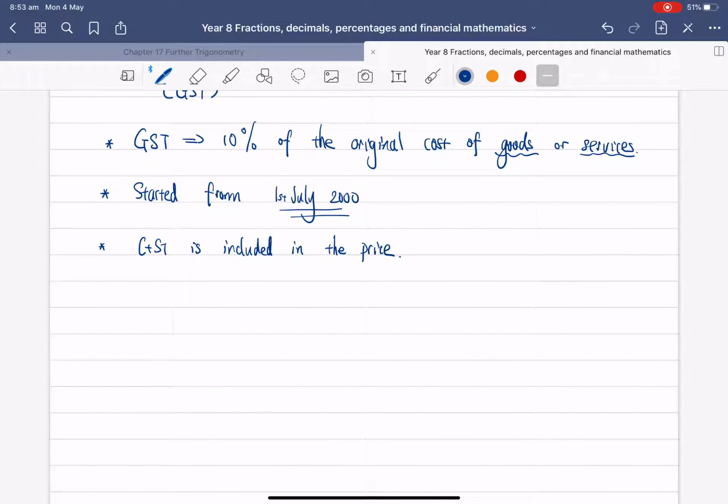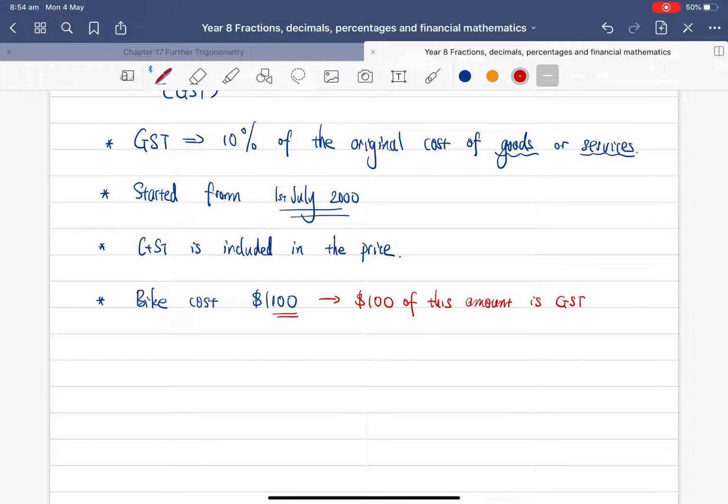Alright, so if you buy a bicycle from a GST registered retailer for $1,100, think about this. If you purchase a bike that costs $1,100, then after you do the calculation, which I will show you later, $100 of this amount will be the GST, which does not go to the registered retailers.